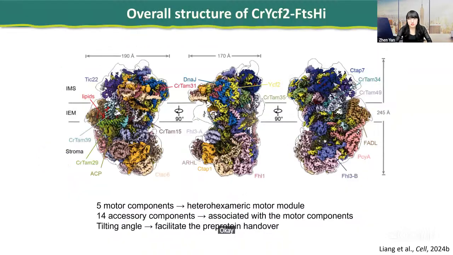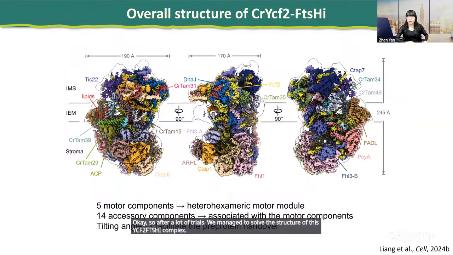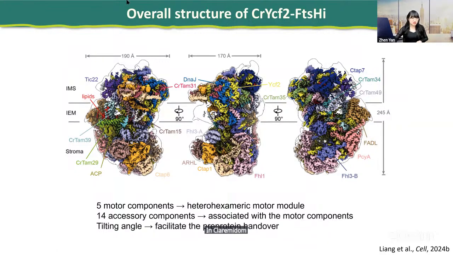Okay, so after a lot of trials, we managed to solve the structure of this YSF2 FTSHI complex in Chlamydomonas. Based on the structure, we identified 19 subunits, which is much more than that in the land plants.